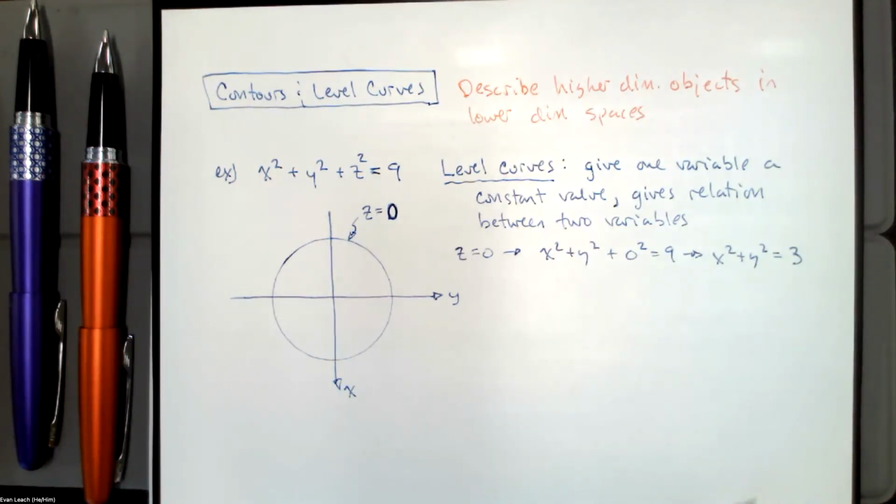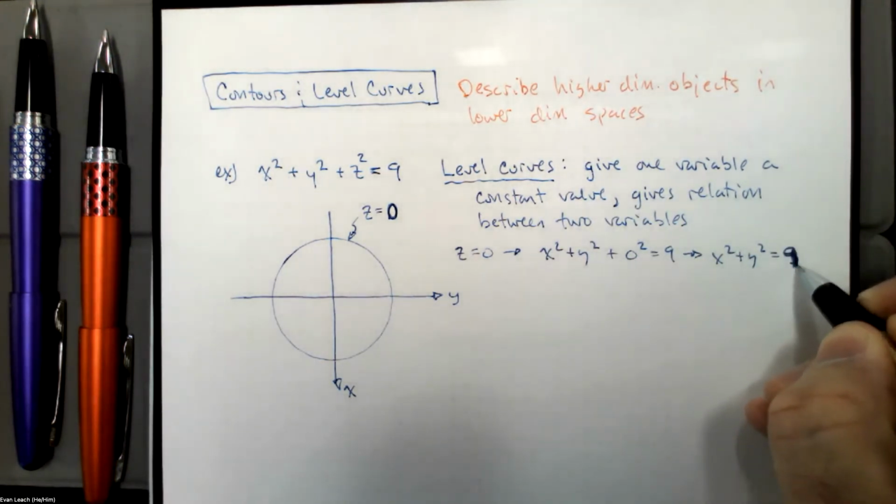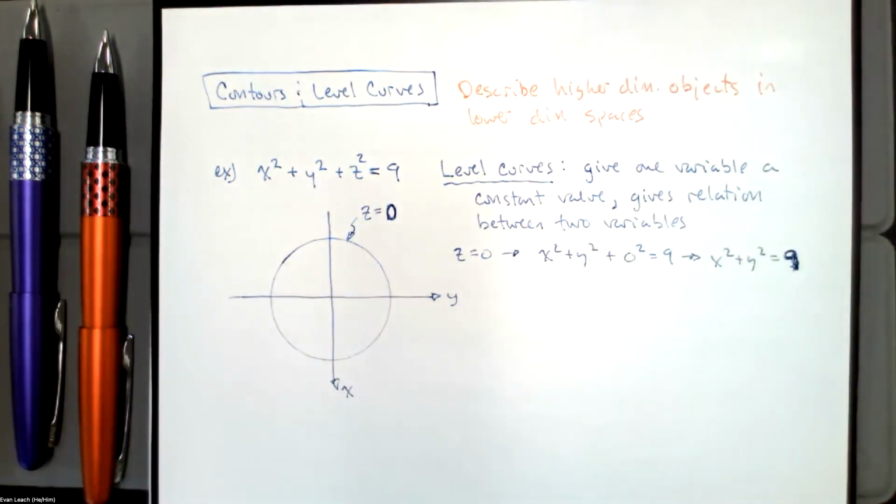Because reading isn't my strong suit. Thank you. And I was thinking circle of radius 3. And so my arm was like, well, all right, I'll write 3. And my brain was like, oh, no, radius 3.